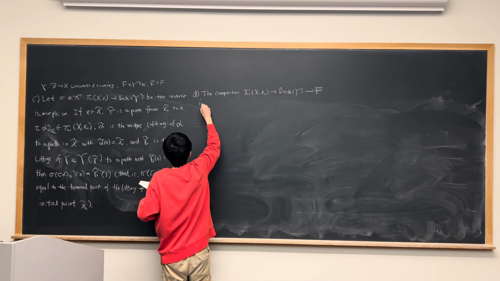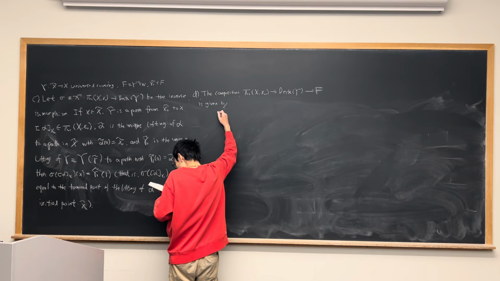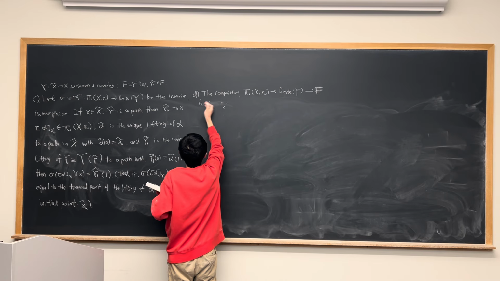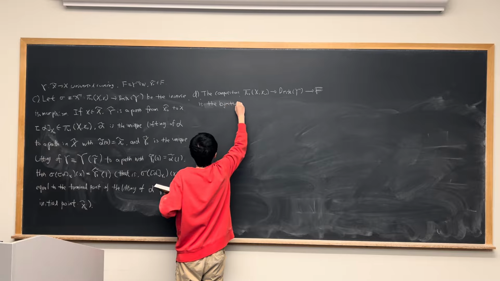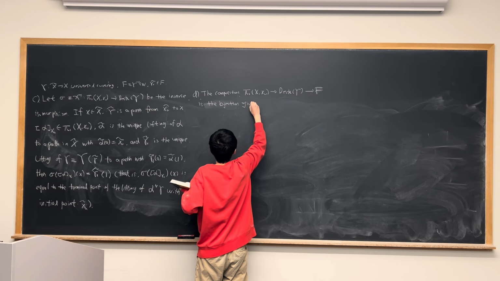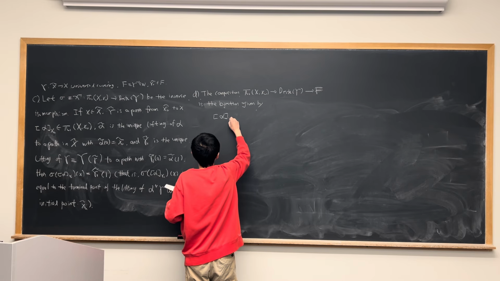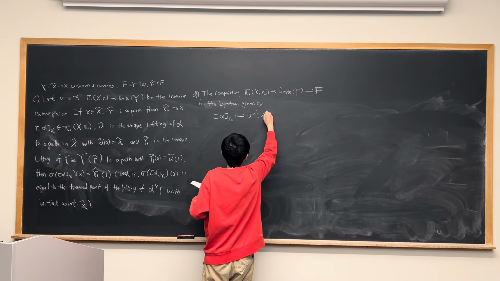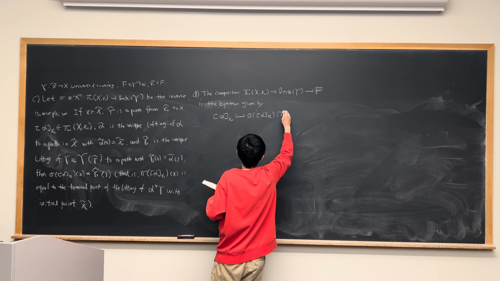Is the projection given by alpha at x naught goes to phi of this alpha at x naught, evaluated at x naught tilde.